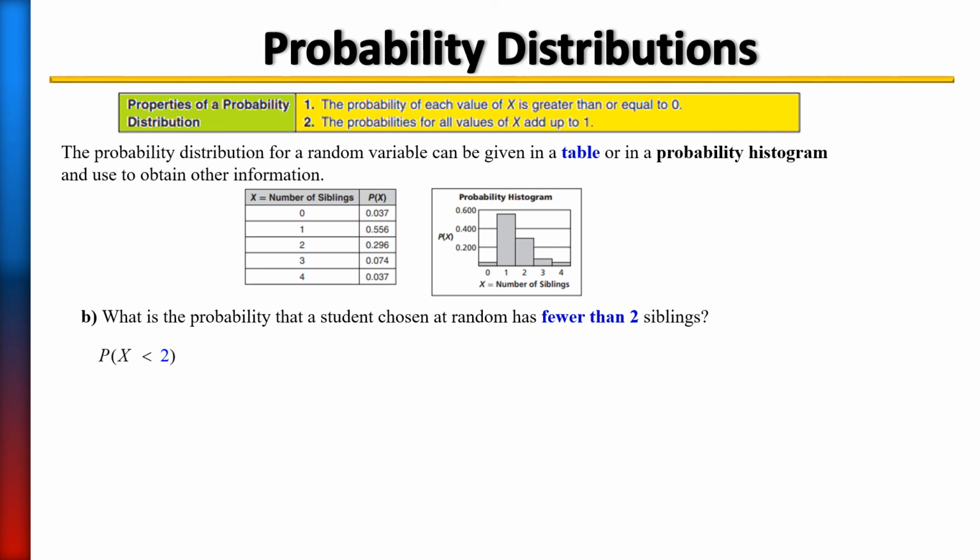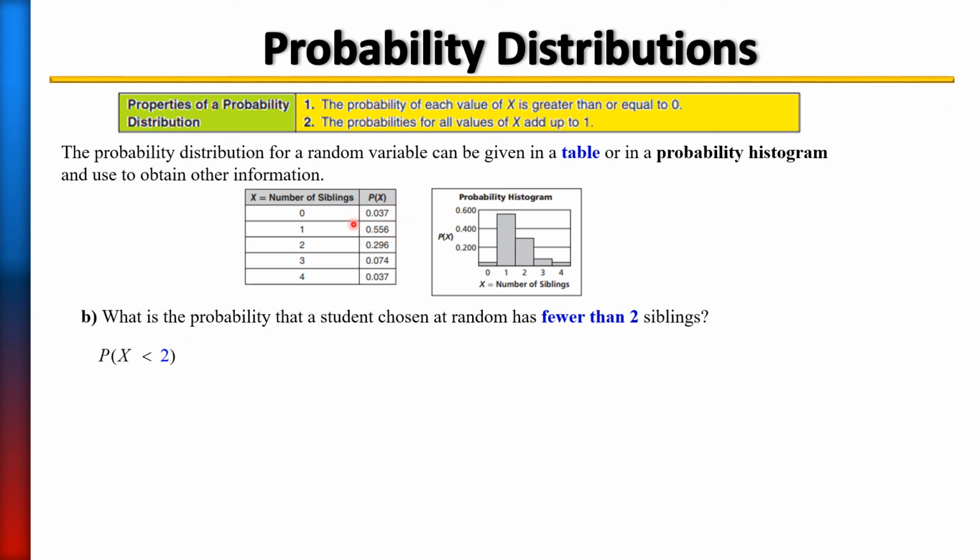It would not include 2, anything that's fewer than 2. On our chart, fewer than 2 would be those who have 0 and 1 siblings, because those are the only 2 numbers that are fewer than 2. So we take the probabilities associated with these. For 0 siblings, it was 0.037, and for 1 sibling, it was 0.556.